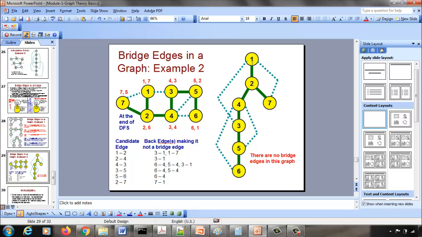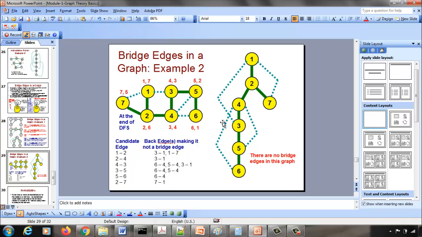Now 1, 2, you have 2 as the downstream node, 1 as the upstream node, and from this subtree with 2 and everything further down, there are actually 2 back edges that go to 1. So all back edges should start and end within the subtree if at all they are present. In this case there are two back edges that go up to the upstream vertex. So 1, 2 is not a bridge edge.